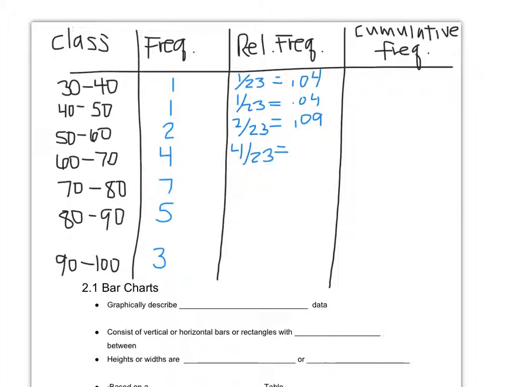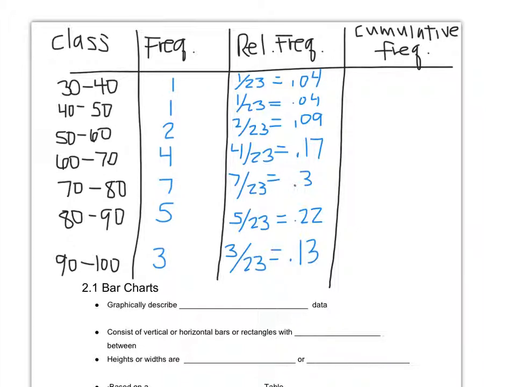Again, we're going to consistently round to 2 decimals. That is a 0.17. 7 over 23, we get 0.3. 5 over 23 is 0.22, and 3 over 23, we get 0.13.